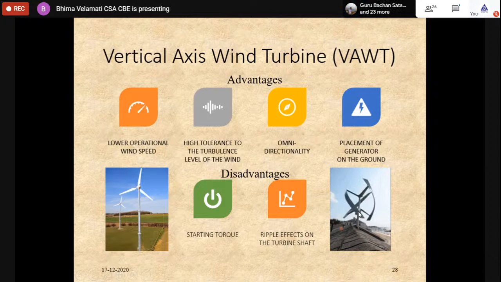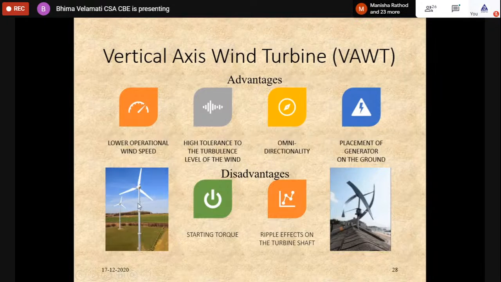What is the advantage of a vertical axis wind turbine? One of the major advantages is that you can place the generator on the ground. Here the generator is kept in a nacelle, which has to be lifted all the way to wherever the turbine is located.